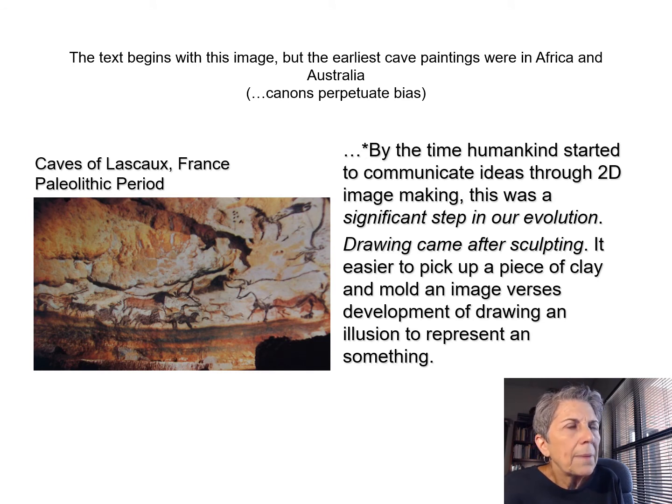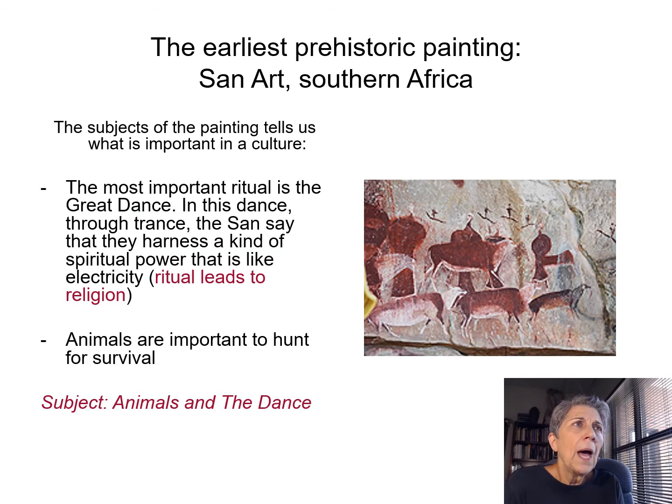So I want to talk about that first, and then I want to divert from this slide in the beginning of the book and talk about, actually, Africa is earlier. And I have on this slide here those early images in Africa. And when we talk about images or artifacts, that subject tells you everything about the culture.